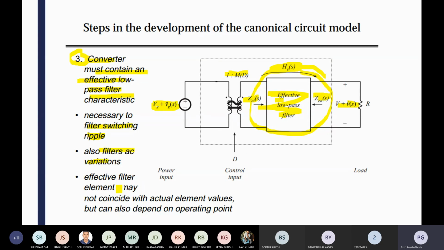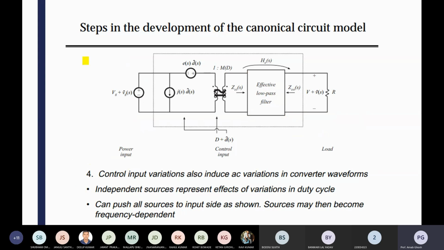The effective filter element may not coincide with the actual element values, and can also depend on the operating point. If the operating point changes, the filter value also changes. That is the normal concept.